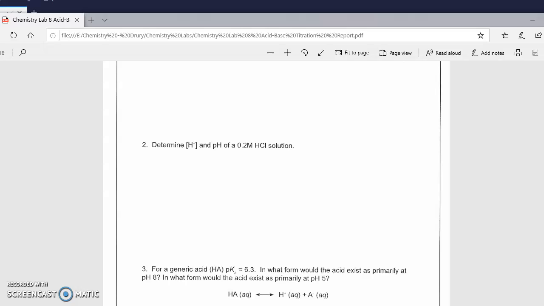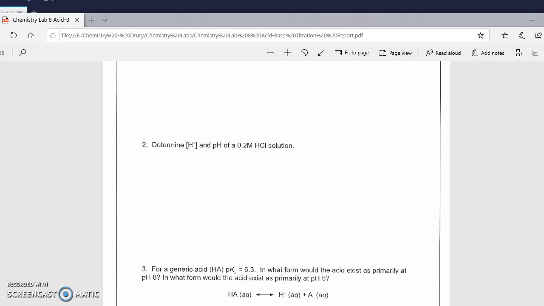And pH is simply the negative log of that hydrogen ion concentration. So the pH equals minus the log of the concentration of 0.2, right? So the log of 0.2 gives you a pH of 0.7, right? That's what that ends up being, pH of 0.7. Check that through in your calculator. So a minus log of 0.2 is 0.7.